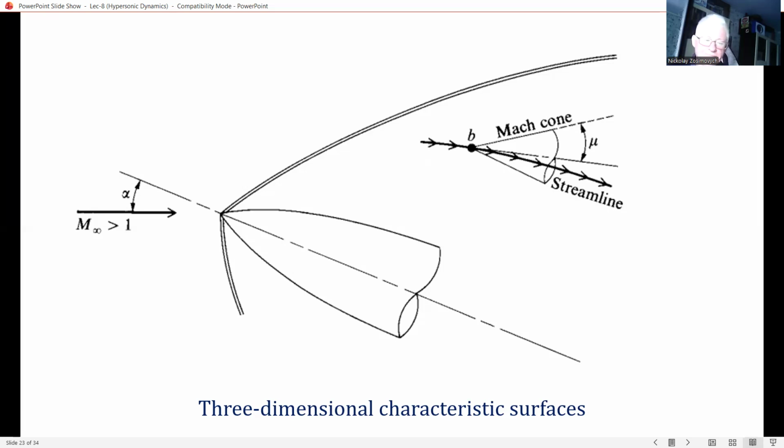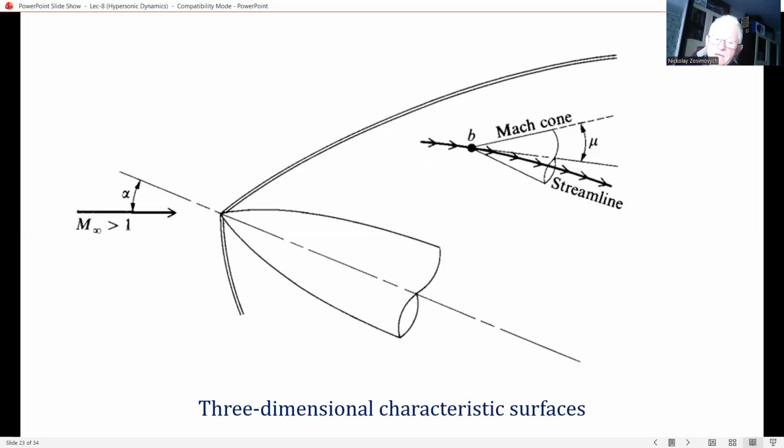And point B is an arbitrary point in the flow, okay? Through this point, the characteristic directions generate two sets of three-dimensional surfaces, a Mach cone with its vertex at point B and with a half angle equal to the local Mach angle, and a stream surface through point B. The intersections of these surfaces establish a complex three-dimensional network of grid points.